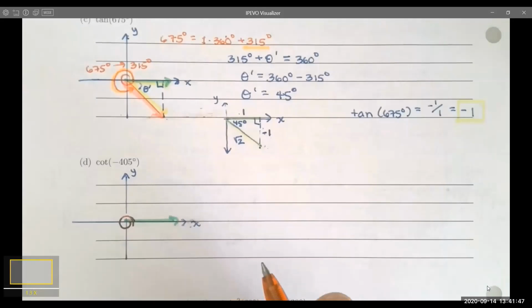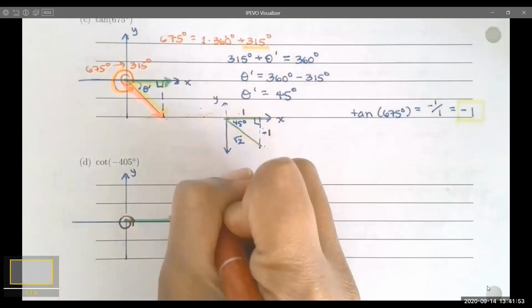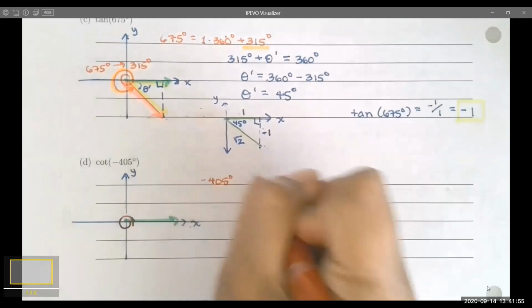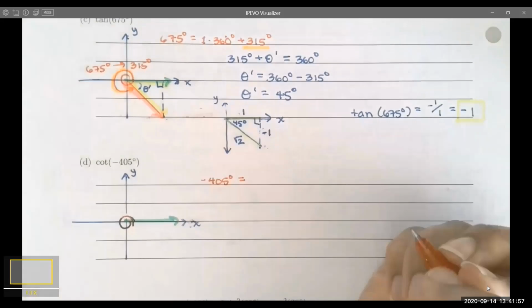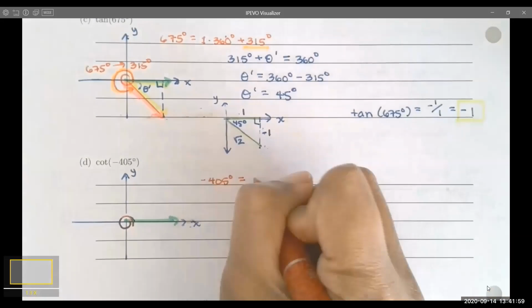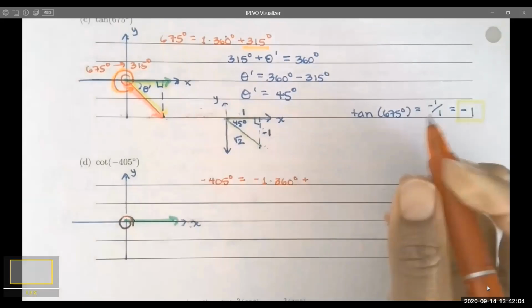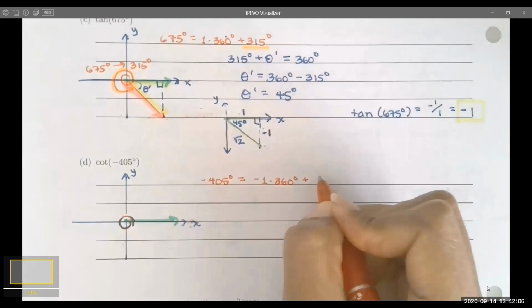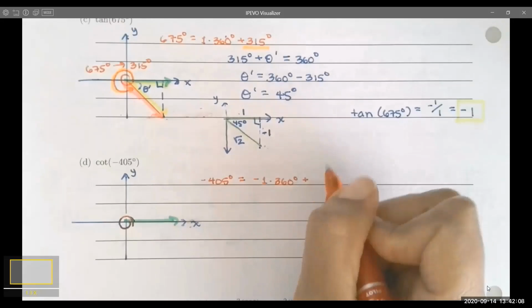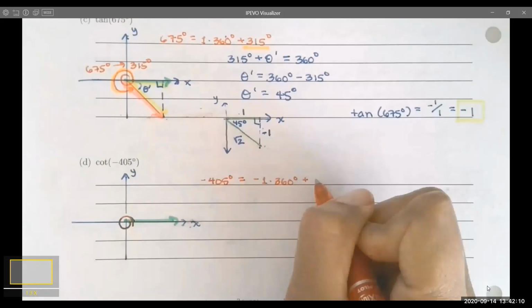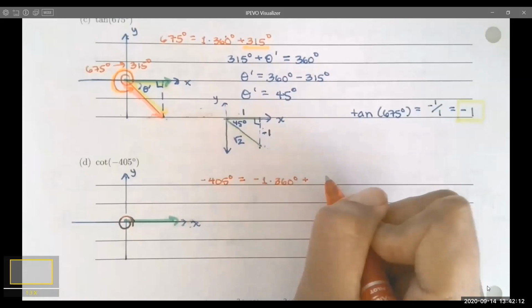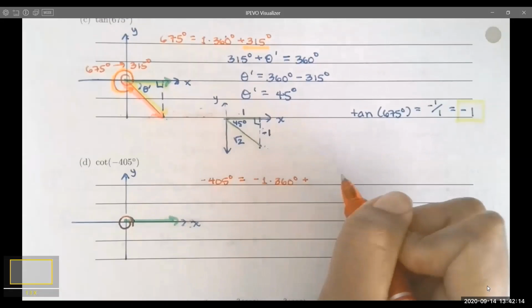To figure out exactly how many more degrees beyond the 360, we could take negative 405, and we've already completed negative one cycle, so negative 1 times 360. Then we want to know how many extra we need to traverse. This is unknown, so I'm simply going to write a variable for now. Let's call it n.